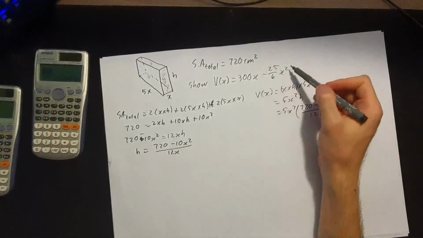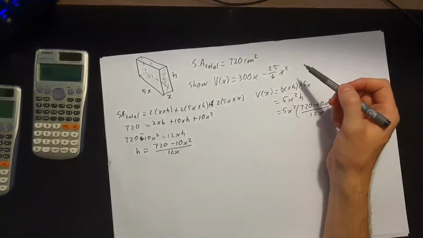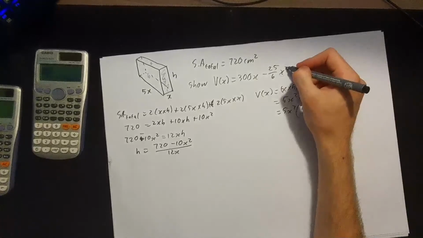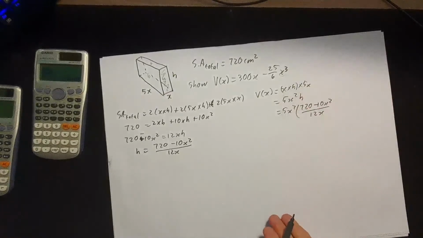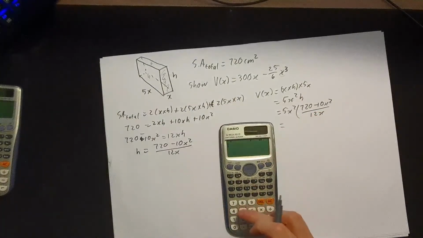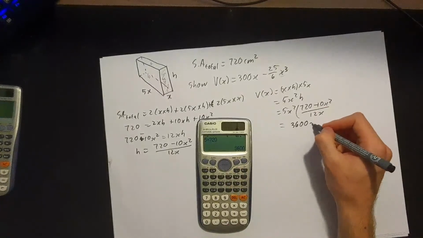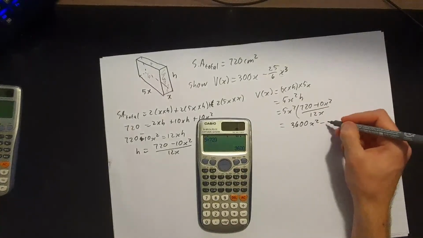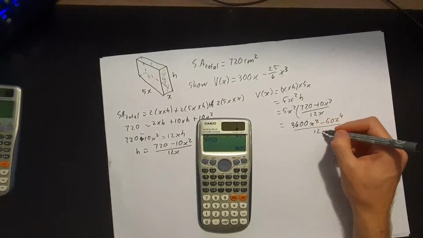We can see that we need to end up with an x cubed, because that's going to give you x to the 4, which needs to become x cubed. Let's sort this out. What's 5 times 720? It's 3,600. So we're going to have 3,600 x squared minus 50 x to the 4 all over 12x.